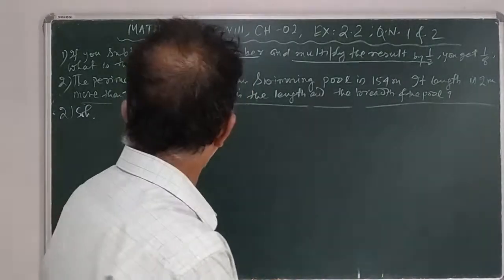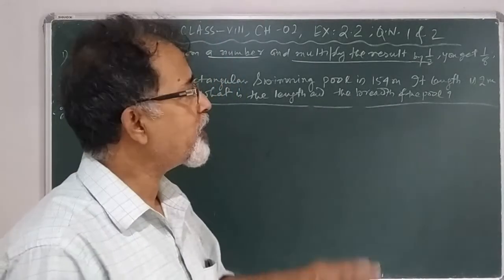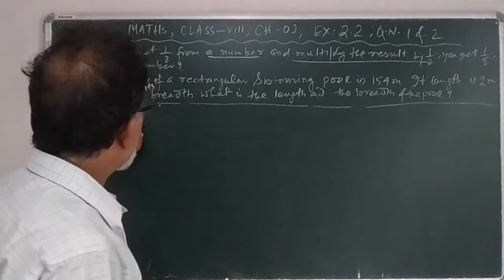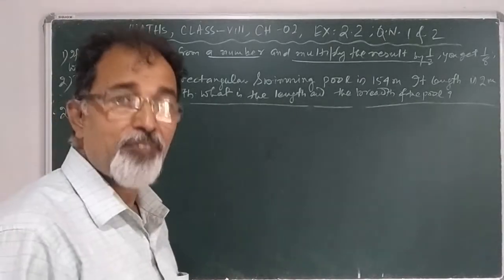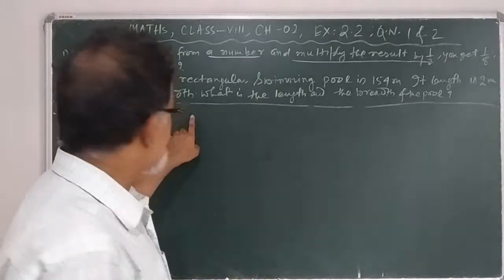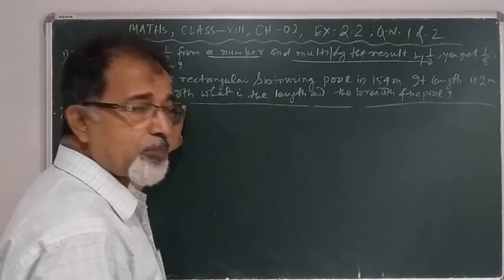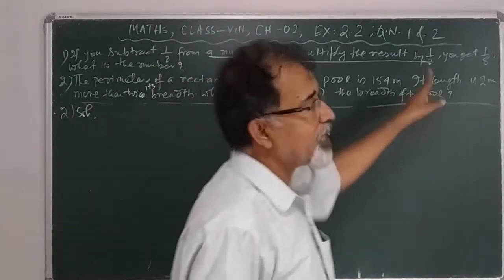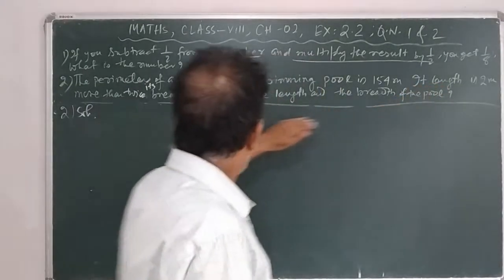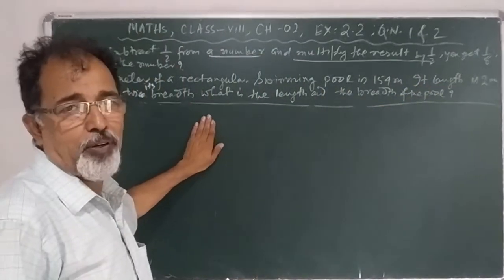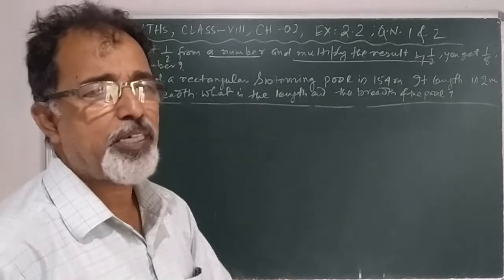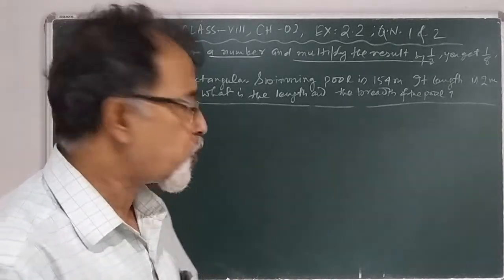If we take breadth as x, then we can easily find the relation: twice its breadth means 2x. 2 more than twice its breadth means 2x plus 2, and that is length. Here length is known as dependent variable and breadth is known as independent variable. Whichever is the independent variable will be assumed as x, y or z.